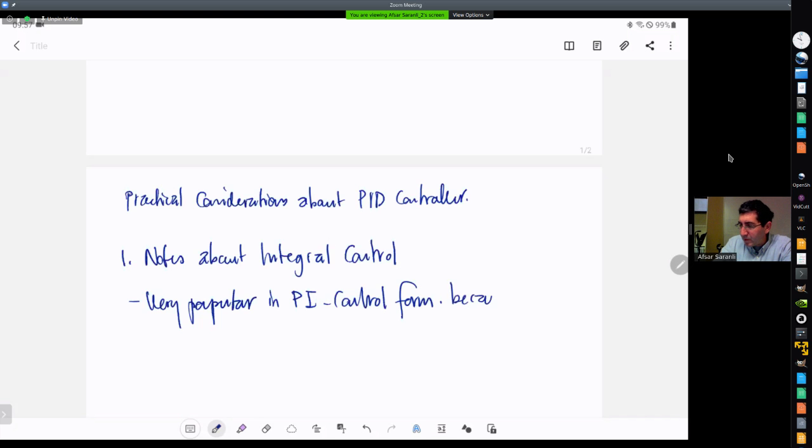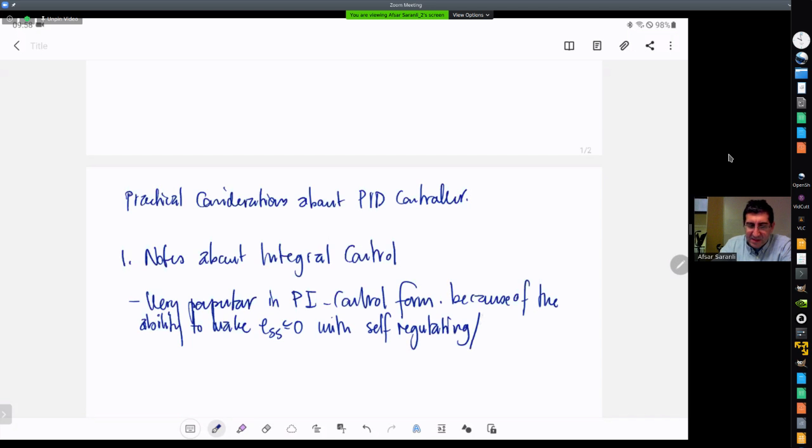Because of the ability to make ESS equals 0 with self-regulating slash non-integrating slash type 0 systems.